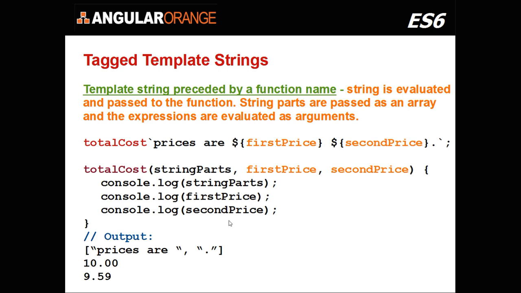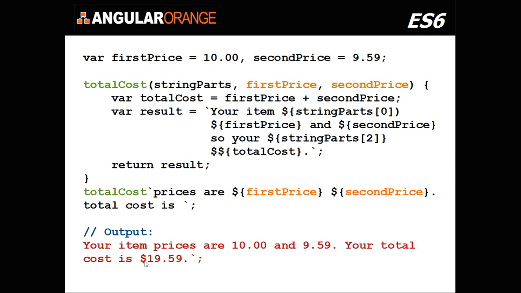And so within the function, you now have the ability to take these strings, take these values, maybe aggregate them, and create a sentence using the string parts and the values and the results. So for example, suppose we did have first price is $10, second price is $9.59. We could implement this total cost as the string parts and the first price and the second price.